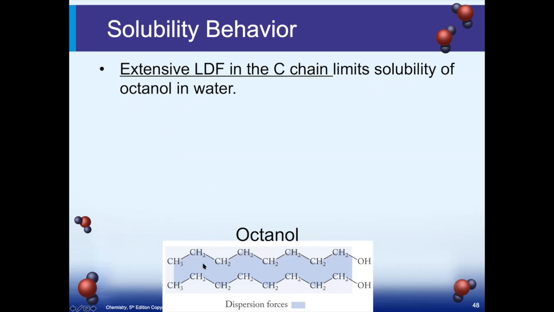First of all, the reason it's becoming more and more difficult to dissolve those alcohols as you increase the length of the carbon chain is the extensive amount of London dispersion forces occurring between the carbon chains, in this case between octanol molecules.